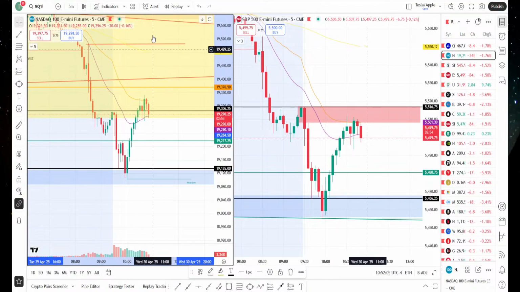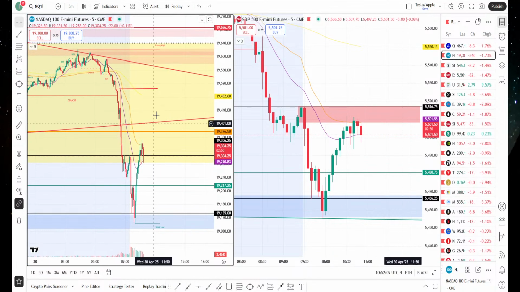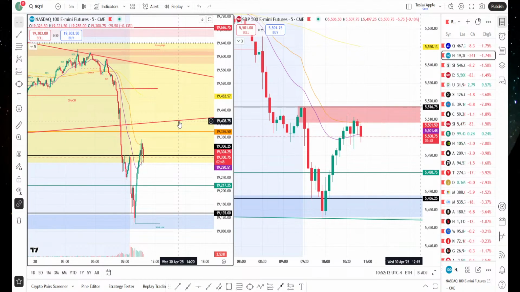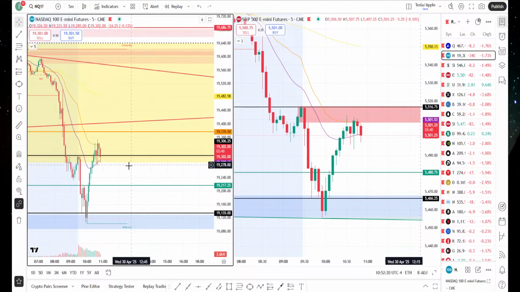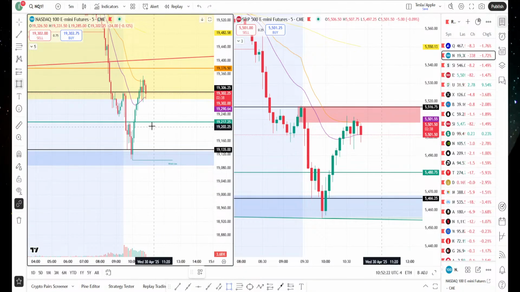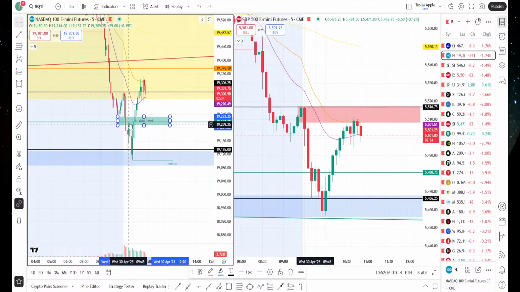We have a gap up here. Market might want to fill half of this gap before it goes down. Maybe. I don't know. We know that gaps like to fill. Same thing like a fair value gap. We have a fair value gap here. And what happened?